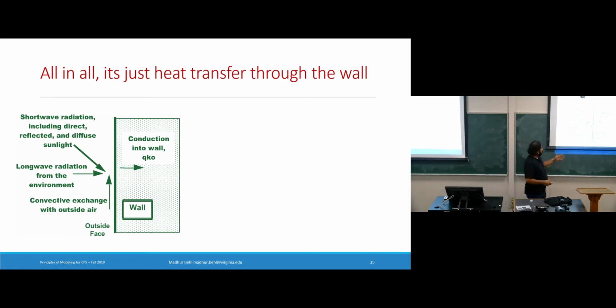At noon, this component is probably the highest, and just after noon the temperature is at its peak, around 2 p.m., 3 p.m. So this temperature increases. That causes a conduction through the wall now. The driving force for the conduction through the wall is this temperature on the outside surface.